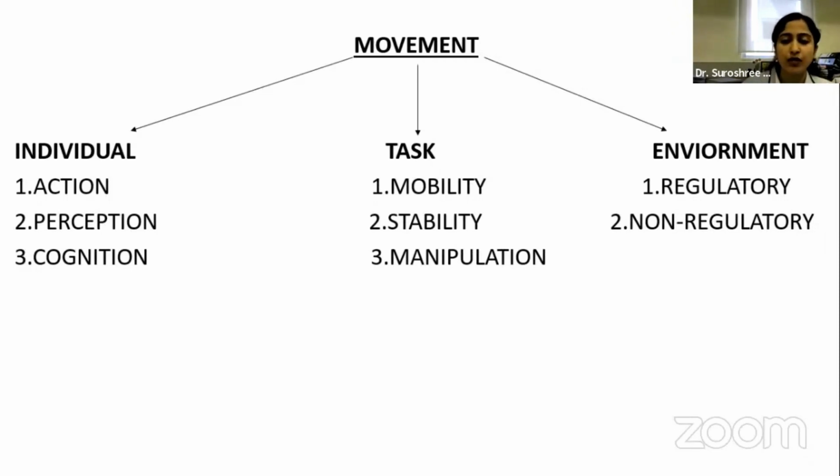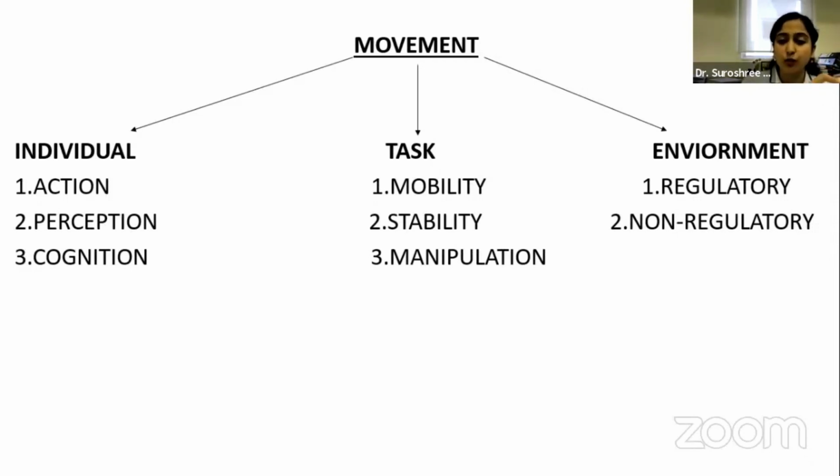The second component in task is that some tasks require stability. Stability is like sitting in a static posture, standing, sitting with your back supported. All these activities require proper stability, proper recruitment of muscles to maintain that stable posture. And the third type of task is manipulation. Manipulation deals with all the fine motor activity that we do. If we take a pen to write, we'll first grasp the pen.